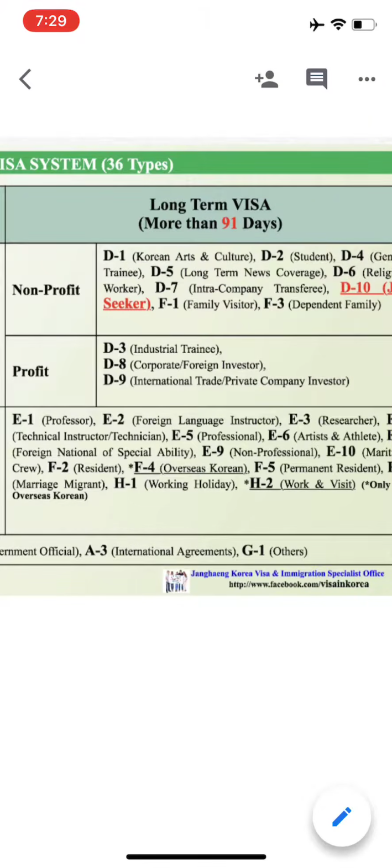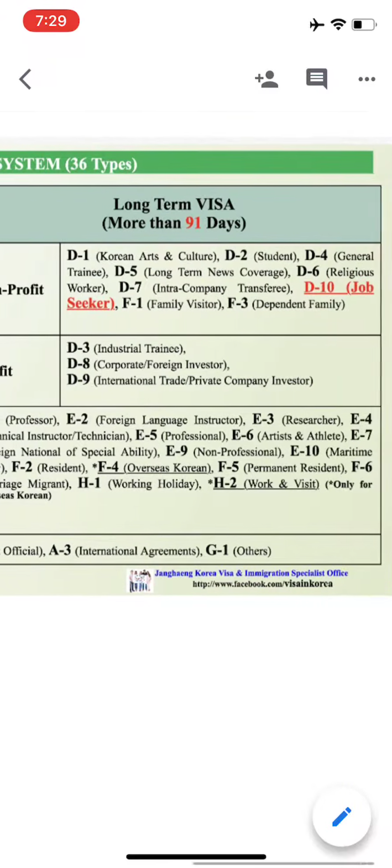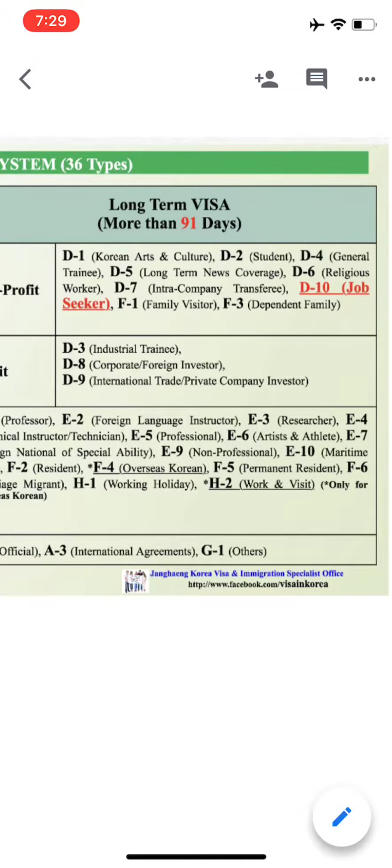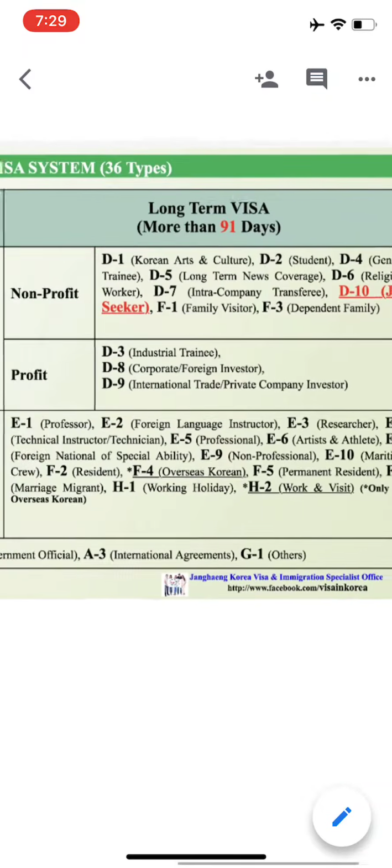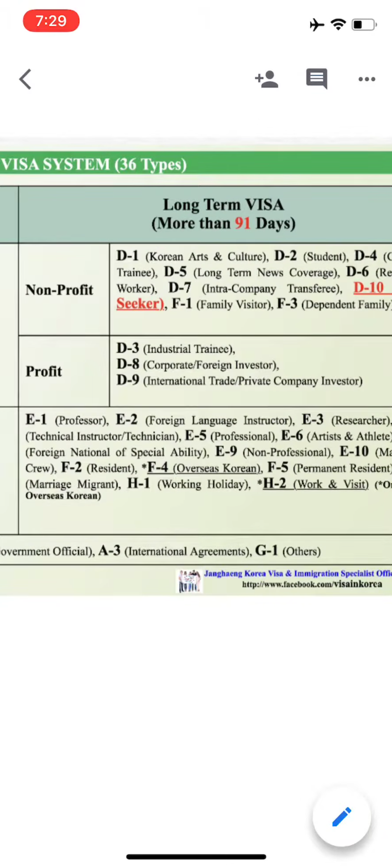But F7, the points-based residence visa, and F4, refugee and confirmer, and F3, F5 visa holders and spouses, they can work for others and they can run your own business. F4 overseas Korean is a very excellent visa for previously Korean people. And F5 permanent residency, you can do everything, work and run your own business. F6 marriage migrant visa is the same as well. You can work and run your own business.